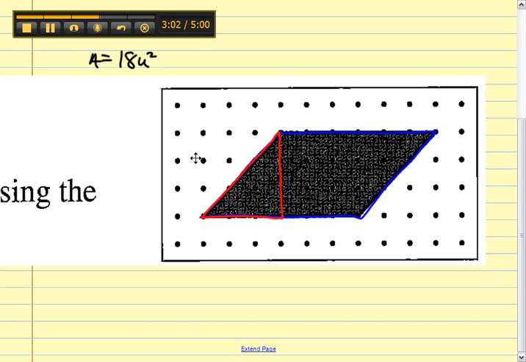Now, I'm going to take this red triangle and I'm going to scoot it over here. So now this part is no longer a part of the parallelogram. We've cut it off. I know, I'm a little sad about it. Not really.